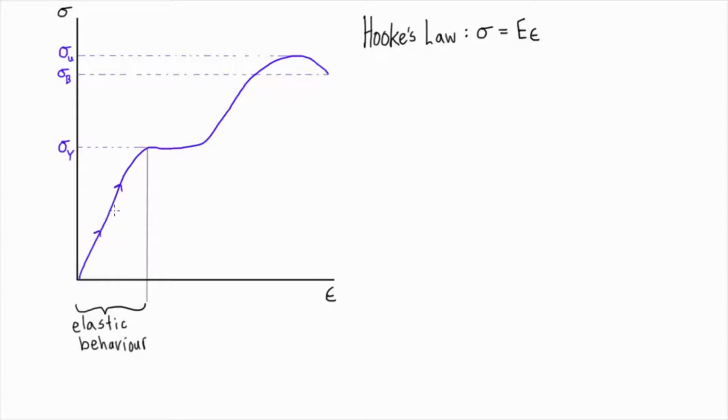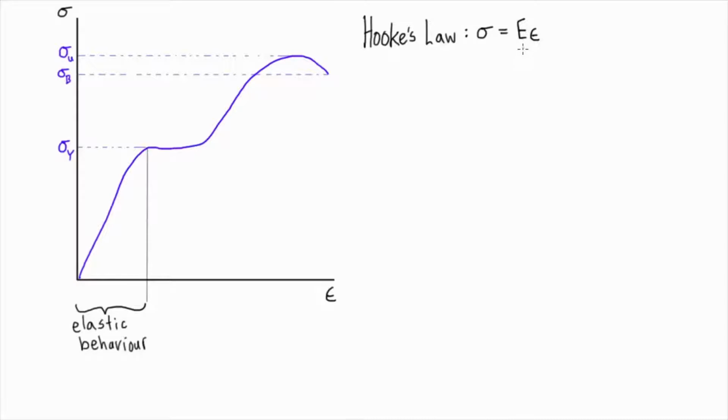But if we don't pass the yield stress, when we start unloading the beam, the stress strain curve goes back down on the exact same path on this linear section, and we return to zero strain. So we'll stretch out the member, and when we unload it, it completely goes back to its original length. That's what we mean by elastic behavior, and Hooke's law holds true for members experiencing this elastic behavior.